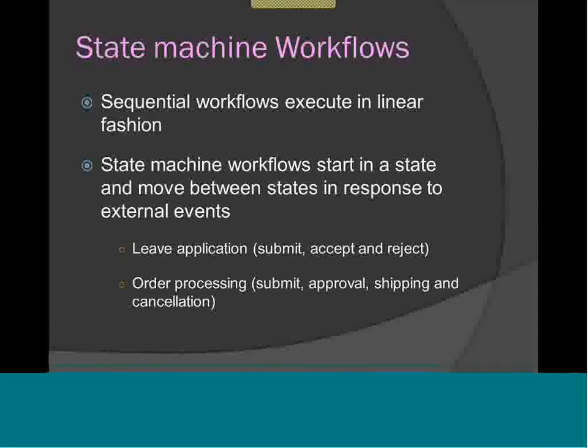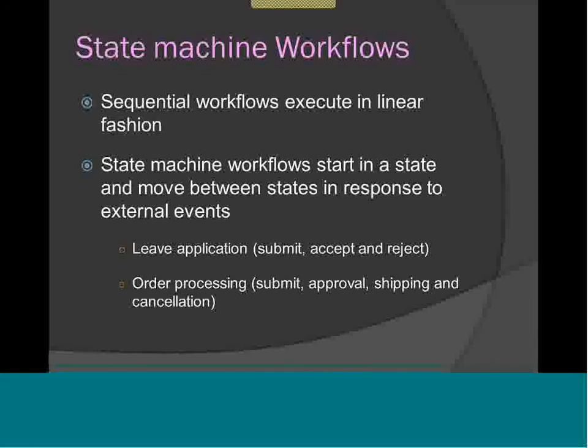Similarly, for an order processing system, initially when you place the order, it is in the order submitted state. Some procurement manager or somebody will approve it, then it is in the approval state, which will be forwarded to the supplier.